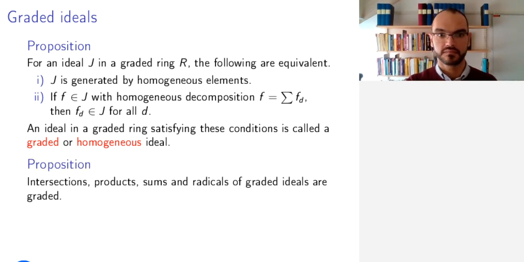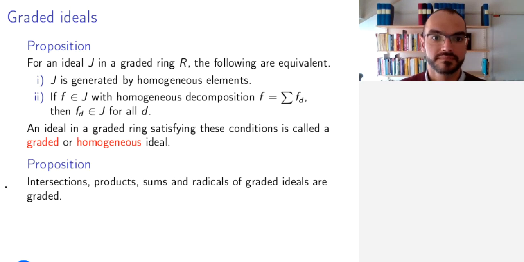So it is an exercise to check that if you have two graded ideals, then their intersection is a graded ideal, their product is a graded ideal, and their sum is a graded ideal. And if you have a graded ideal and you take its radical, then the radical is again a graded ideal.